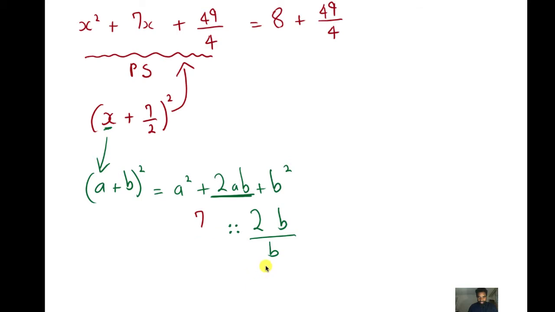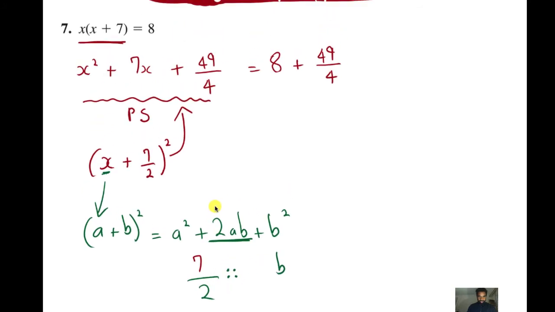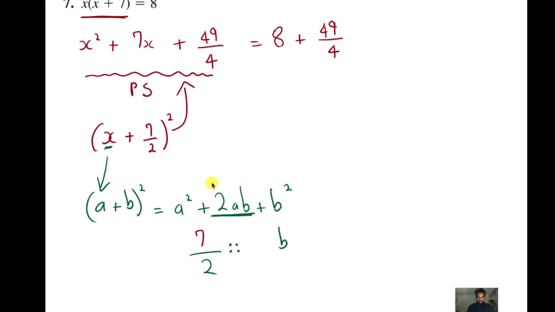If we divide both sides by 2, not by b, that helps us establish that b is now equivalent, as you can see, to 7 over 2. So b is equivalent to 7 over 2. Okay, I hope that clarifies things. Again, this can be a bit dicey, a bit convoluted, but I hope it clarifies things just a little bit.